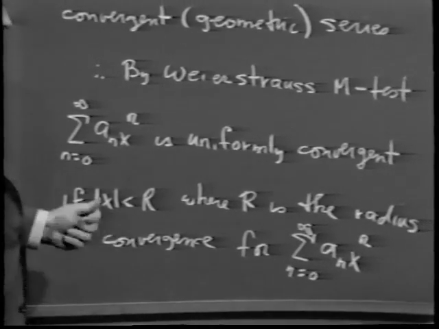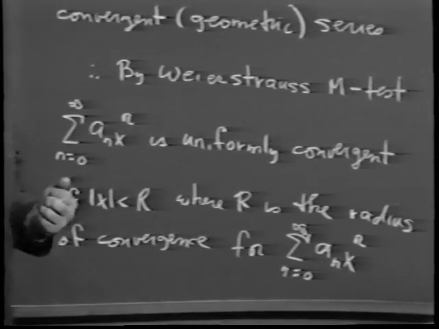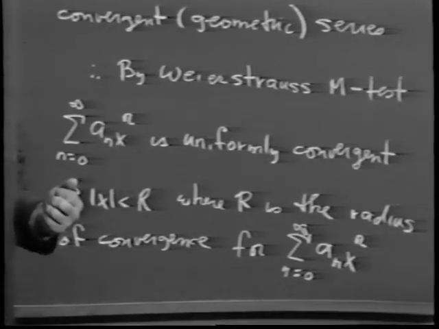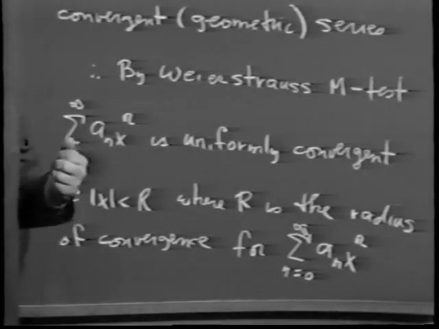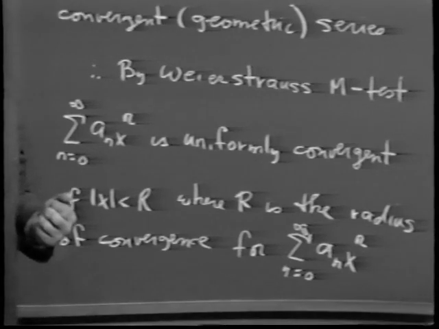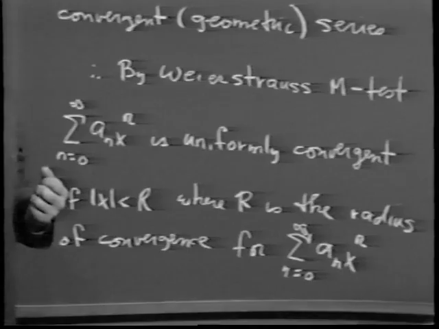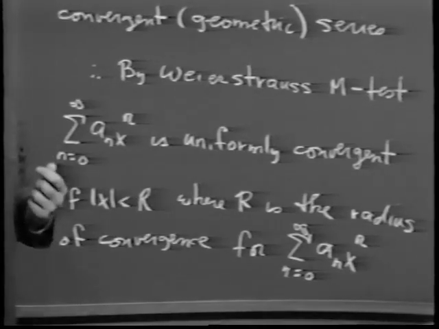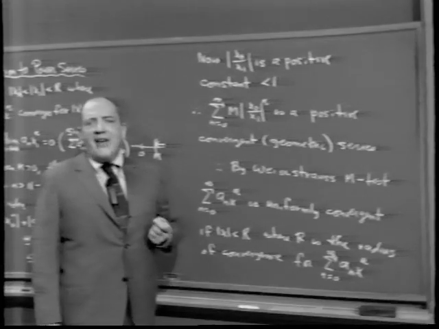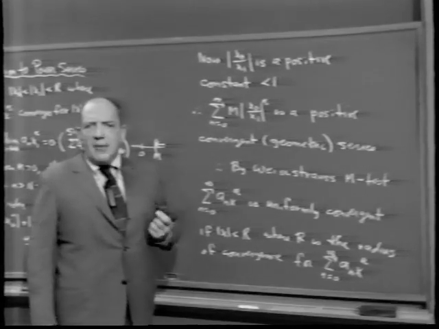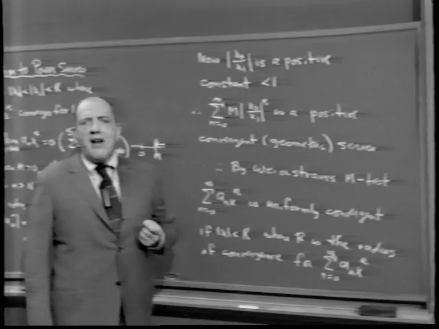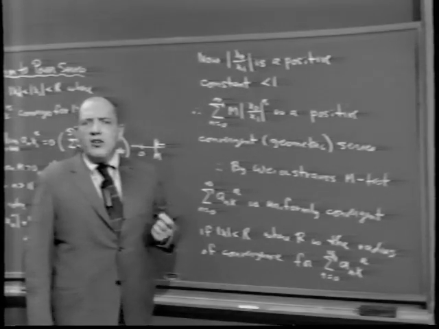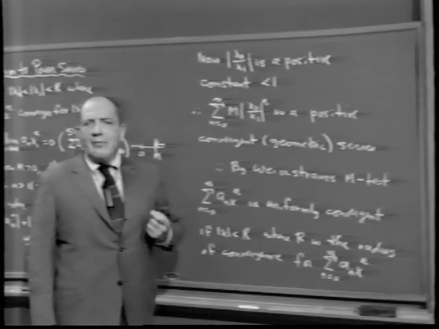You see? In other words, what this now means is that we can replace the condition that the series was absolutely convergent inside the radius of convergence by it's uniformly convergent inside the radius of convergence. And now you see the question is, what does that help us do? And again, this is left in great detail for the supplementary notes and the exercises, but I thought that for a finale, we should do a rather nice practical application.